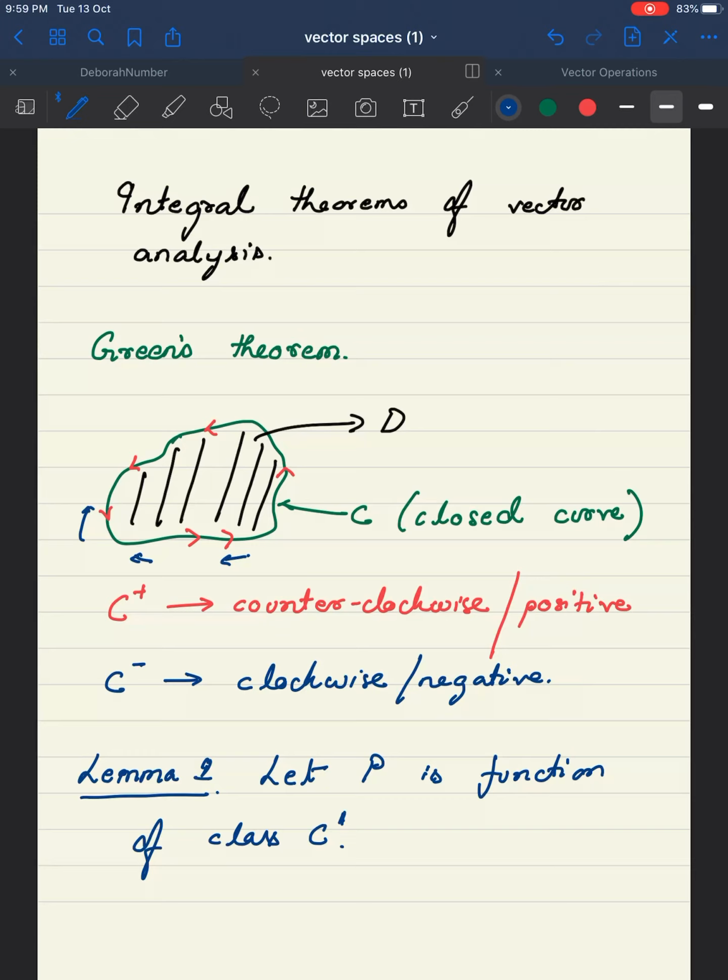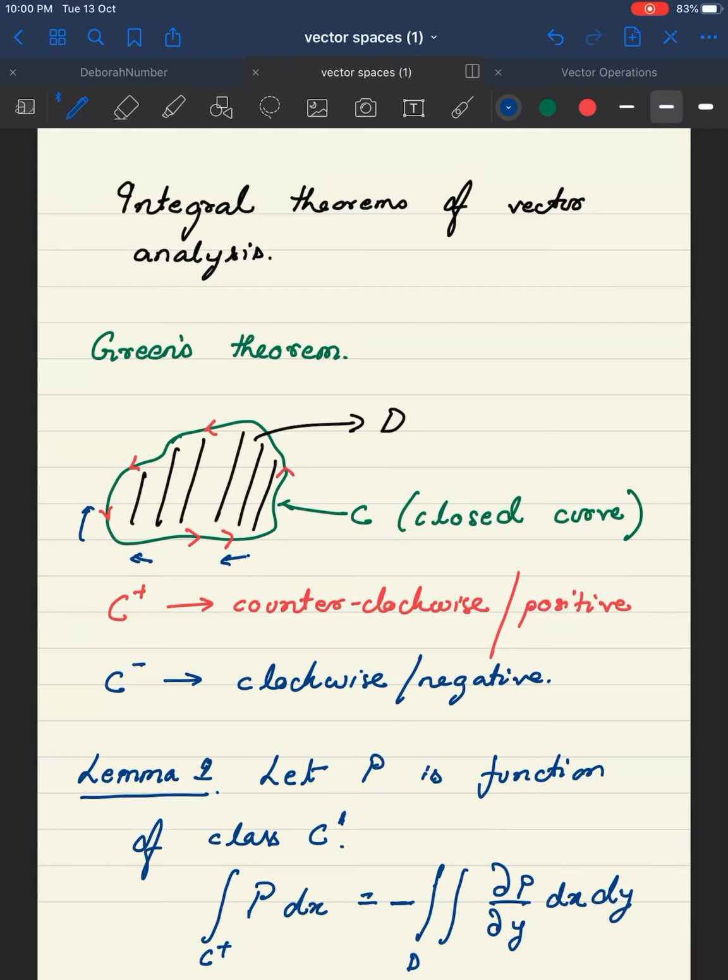So in that case, the proposition is that if you consider this particular integral, the line integral of P dx along this curve C plus, then this is equal to the integral of del P del y dx dy.